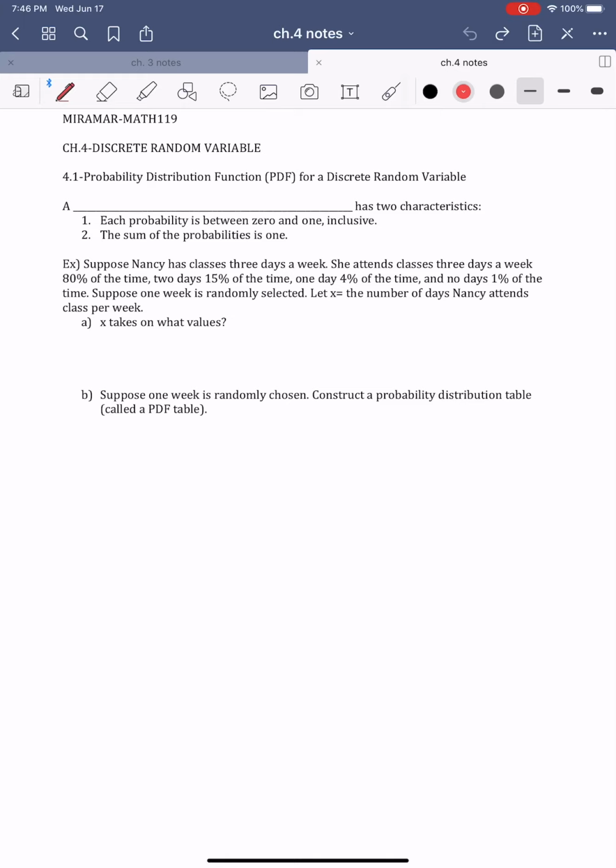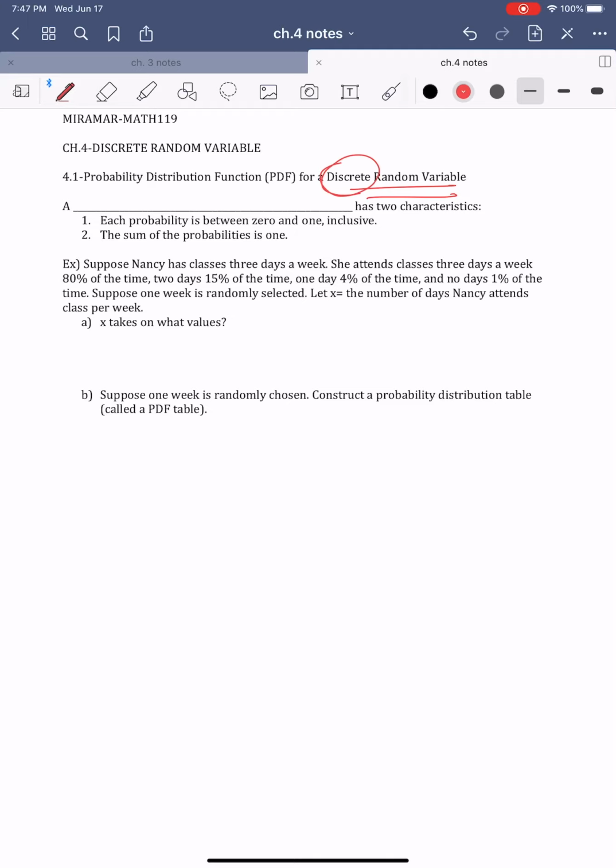Now in chapter 4, we are going to go over some more mathematical probability functions. We are going to be particularly talking about the probability distribution that deals with the discrete random variable. We talked about discrete data before in chapter 1. Remember discrete versus continuous? I mentioned that discrete data are finite, whole numbers.